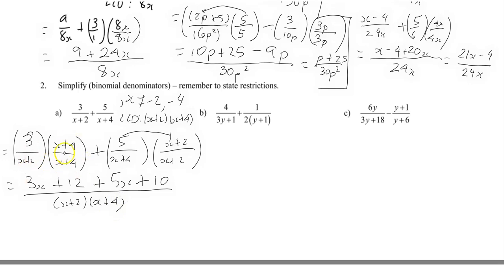So instead of repeating this and writing 3x plus 12 plus, and then writing 5x plus 10, each one over this, we can just combine. So 8x plus 22 over x plus 2, x plus 4.